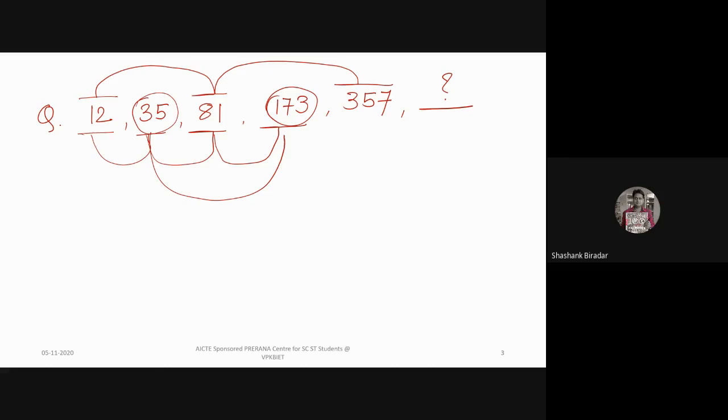So what is the logic that you have used to solve this question? Would you like to comment? You are correct. What is the logic you have applied?